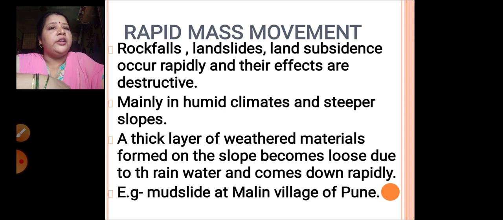The weathered material becomes loose because of the rainwater and comes down rapidly, with a force, down the slope. You all must have heard about the famous mudslide which had taken place at Malin village of Pune.